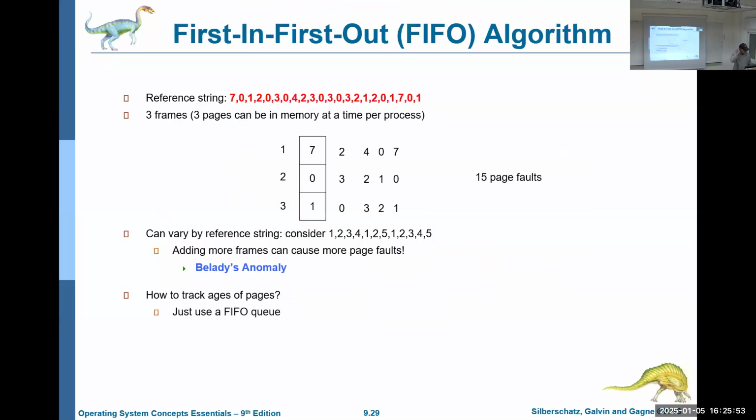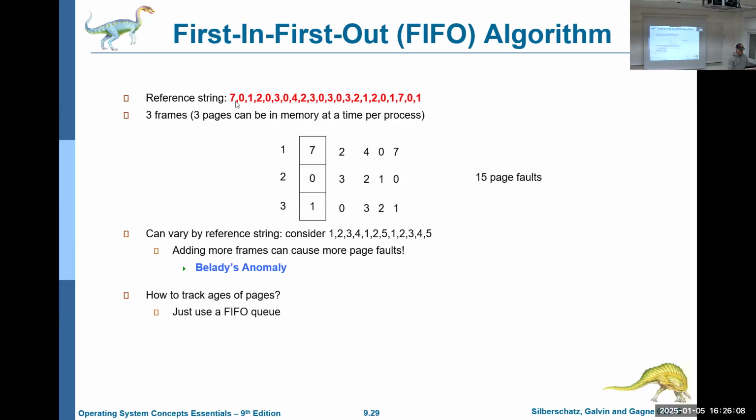Okay, let's take a more specific example, where we have 3 frames and the same reference string. 3 pages can be in memory at a time for this process.